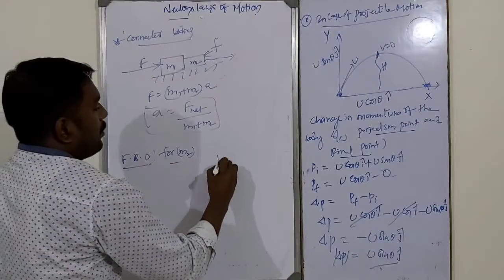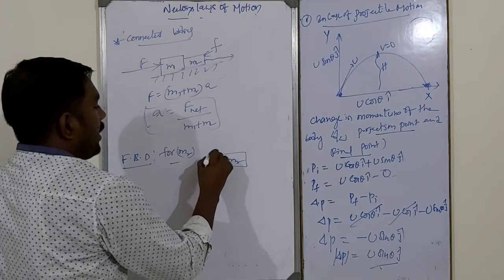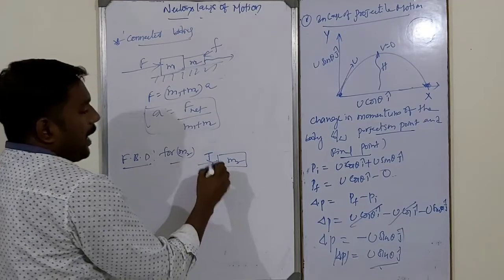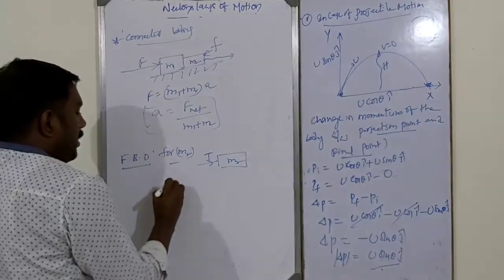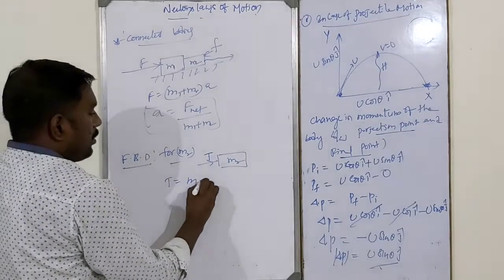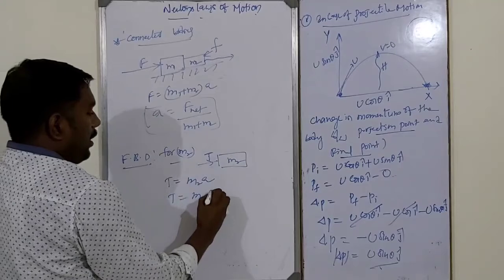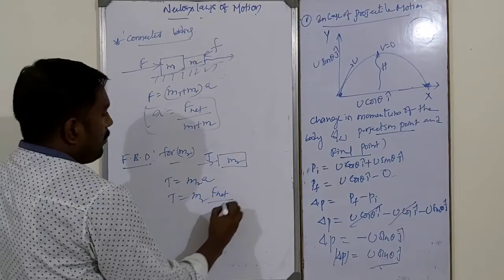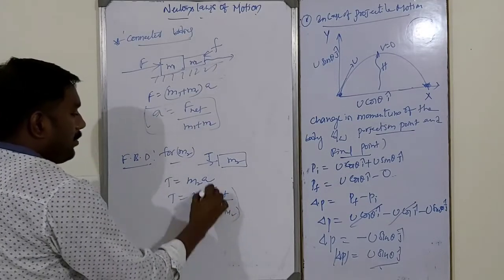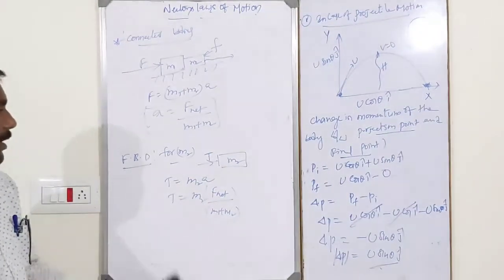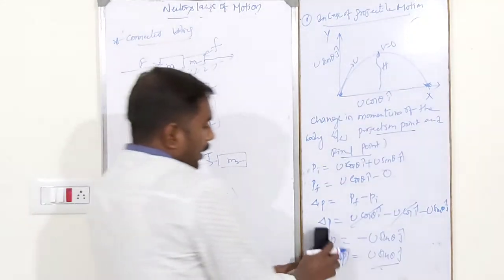This is m2, and the tension is the force acting on m2. So tension is equal to m2 into a, where a is F net by m1 plus m2. So tension is m2 into F net by m1 plus m2. This is the tension acting on m2. I will take one example.